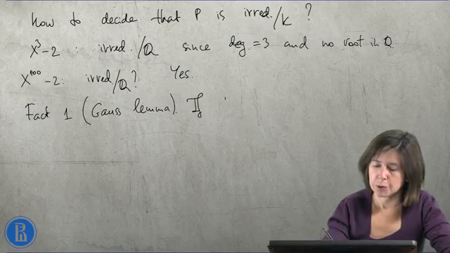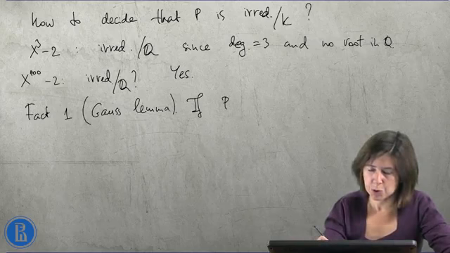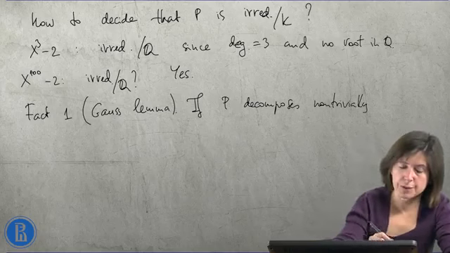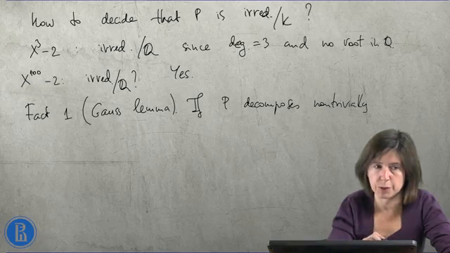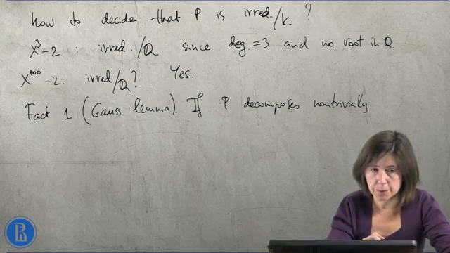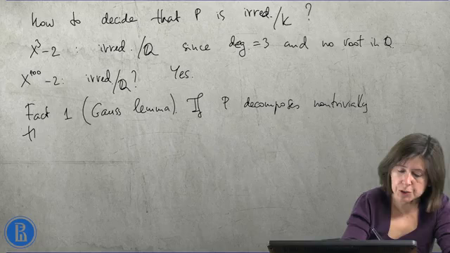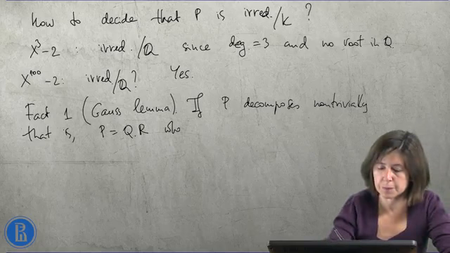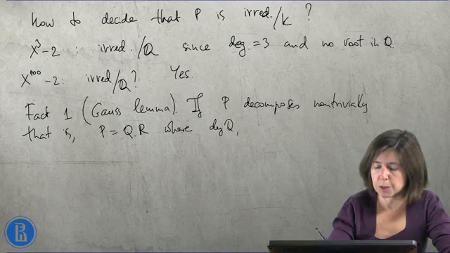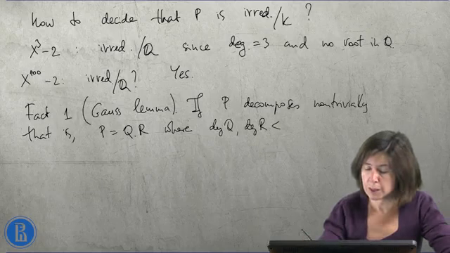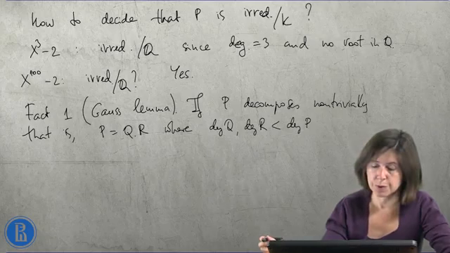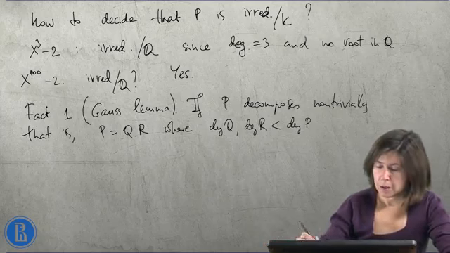If P decomposes non-trivially, by this I mean P is a product of two factors of strictly smaller degree, that is, P is Q times R, where the degree of Q and the degree of R are both less than the degree of P, or the same is to say that they are both strictly positive.